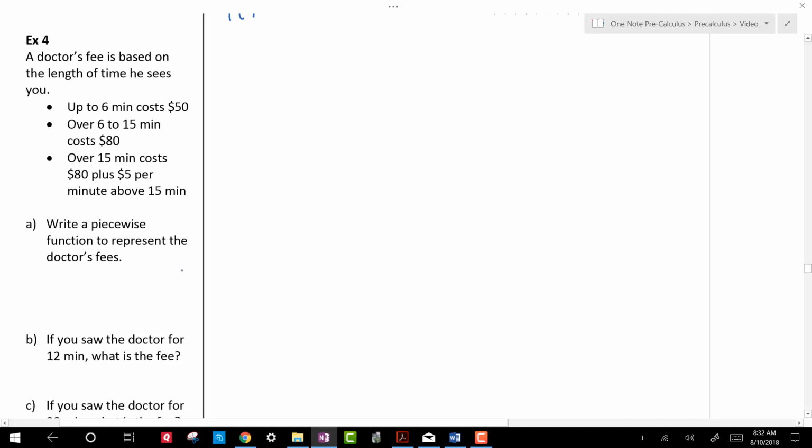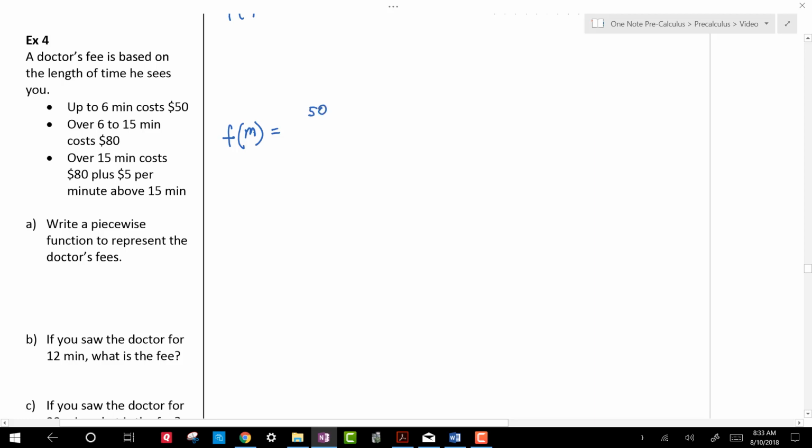All right, so I'm just going to call this f of m, since we're talking about minutes here, let's use the letter m. This is a function of m. Now think about this. Up to 6 minutes. Well, a doctor's not going to see you for a negative amount of time. So for my first one, my fee is $50.